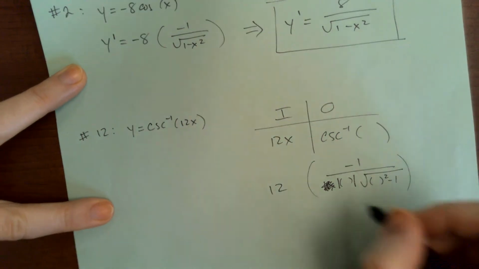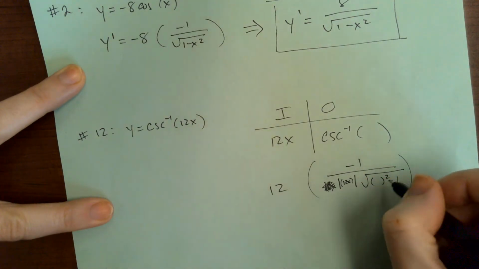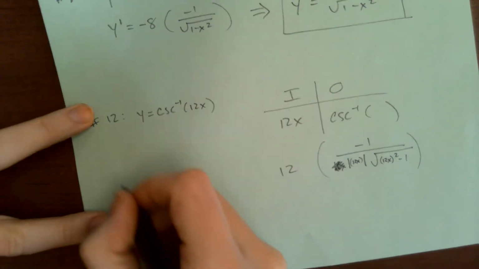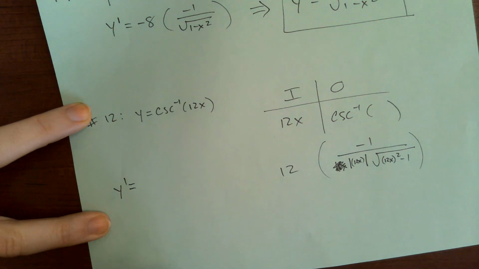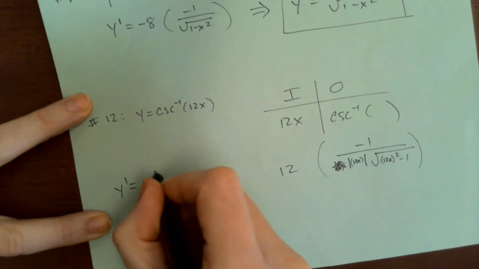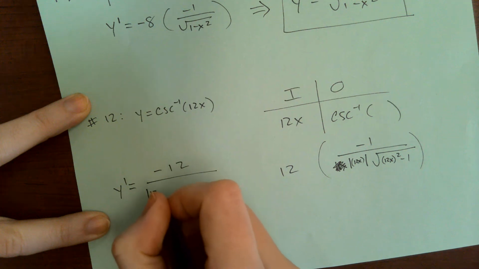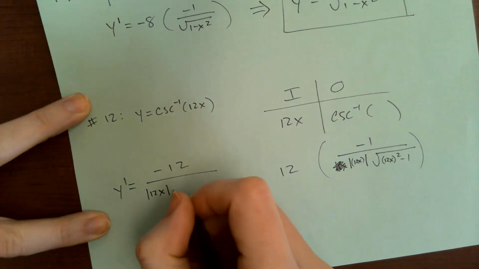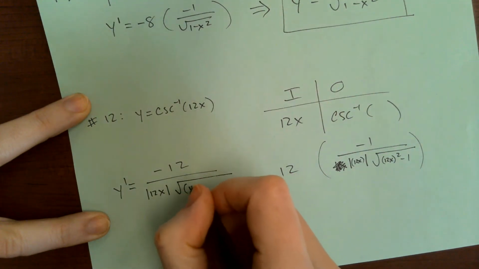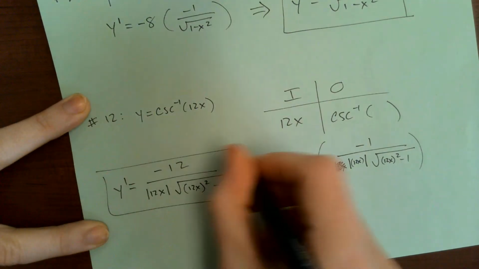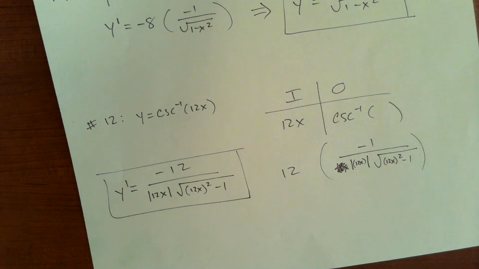And then what goes back in the blanks is the 12x. So y prime, negative 12. Okay, so there's that, guys.